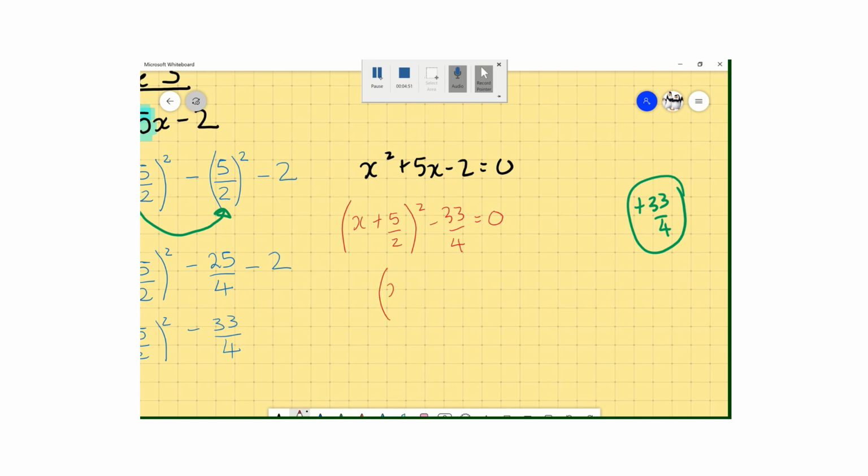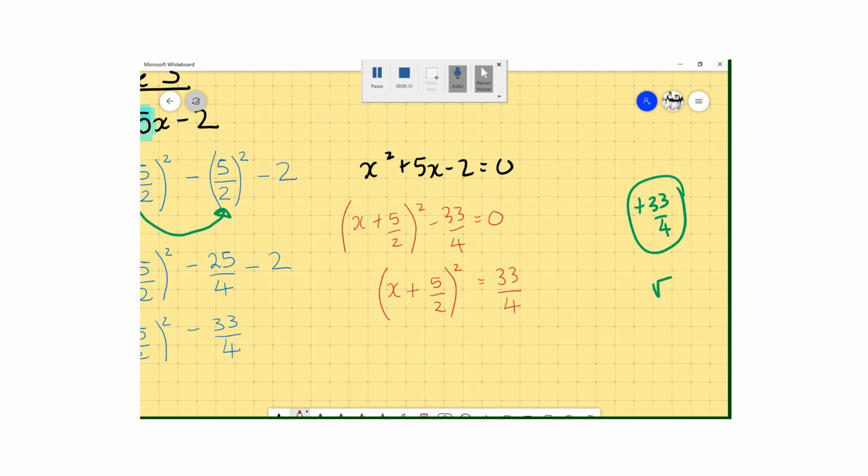So that will give me x plus 5 over 2 all squared will equal 33 over 4. I then need to undo that square. To undo a square, I'm going to take the square root. So I'm going to take the square root of both sides.